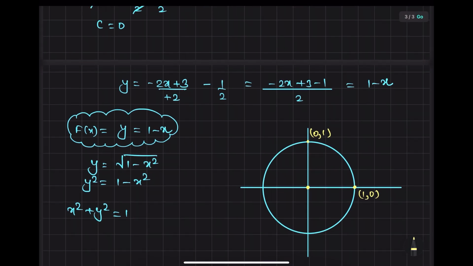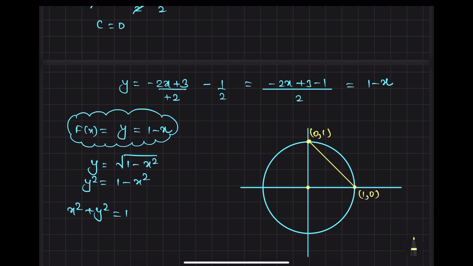The graph will remain the same, but it will be squeezed. Now you have to draw the graph of your function f of x equals 1 minus x. If x is 0, y will become 1, the same point. If y is 0, x is 1, so we will have this line.